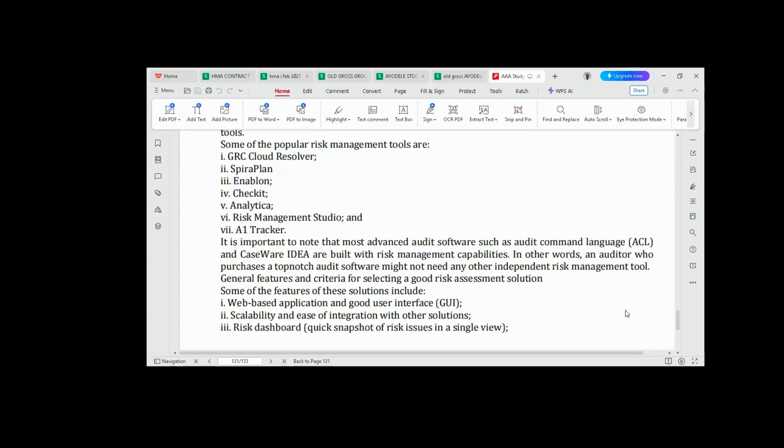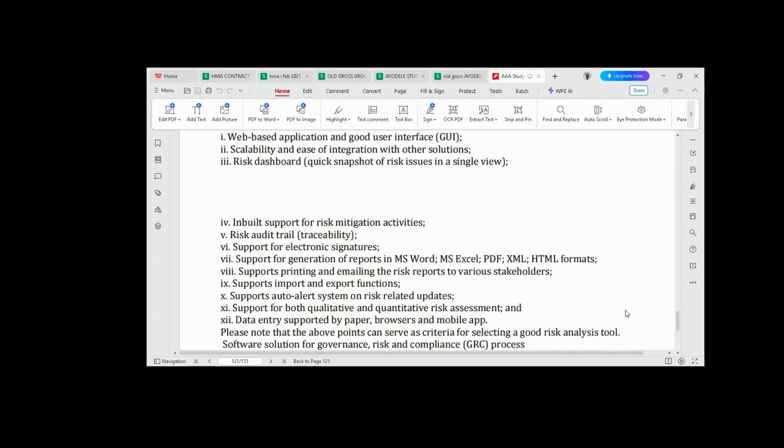Then it has inbuilt support for risk mitigation activities. So what that means is that with all those risk issues that have been identified, it also provides ways of reducing them. Like I said, you cannot eliminate risk, only reduce them.